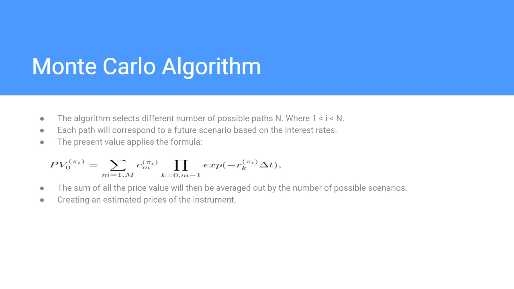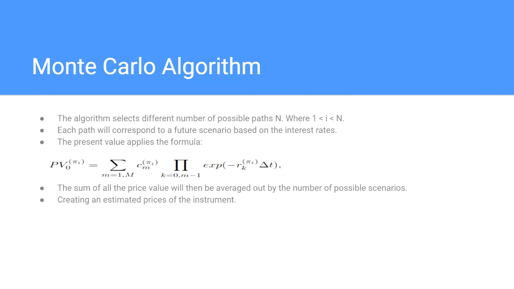PV, the present value, equals the sum of all the costs, also including the interest rates over time. The sum of all these price values is then averaged out by the number of possible scenarios, creating an estimated price of the instrument.